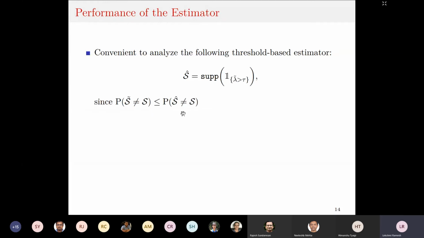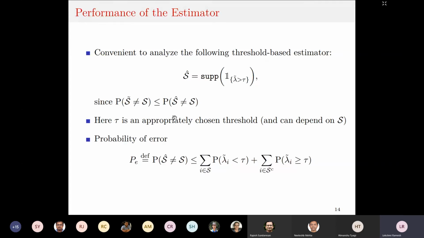Whatever error we get in this case will be a valid upper bound for the original sorting based estimator also. For this error probability, you just have to analyze the false alarm and misdetection probabilities of whether an index was in the support but got classified as being outside it, or the other way around.